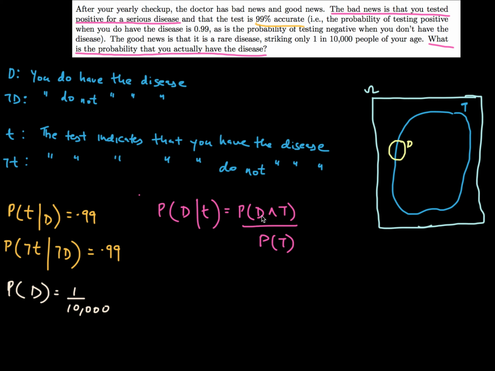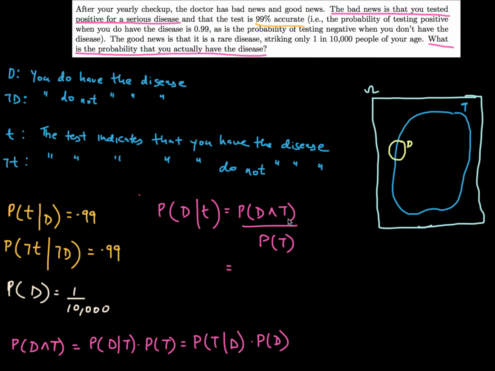Now I also know that the probability of D and T is equal to the probability of D given T times the probability of T. But this is also equal to the probability of T given D times the probability of D. Both of these are exactly going to give you the joint probability distribution of D and T. Again, these are things taken right from the lecture. So what I'm going to do is rewrite the numerator.